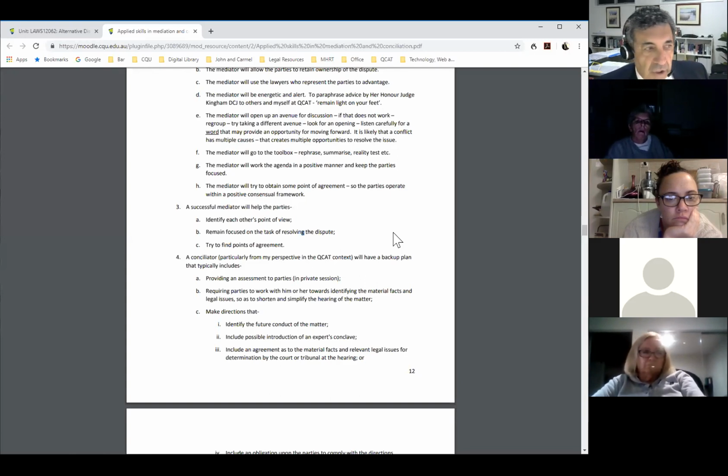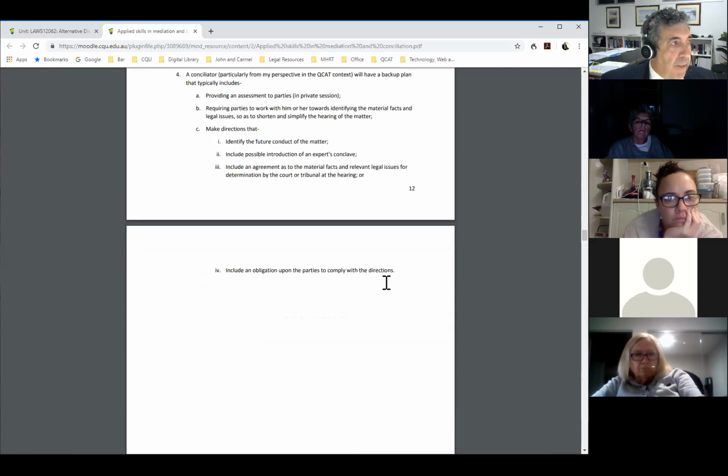What I'm trying to do there, in a practical sense, is have them focus on something which is not each other in the dispute, so that we're trying to get some point of agreement, identify things from others' perspectives, and deal with the real issues.